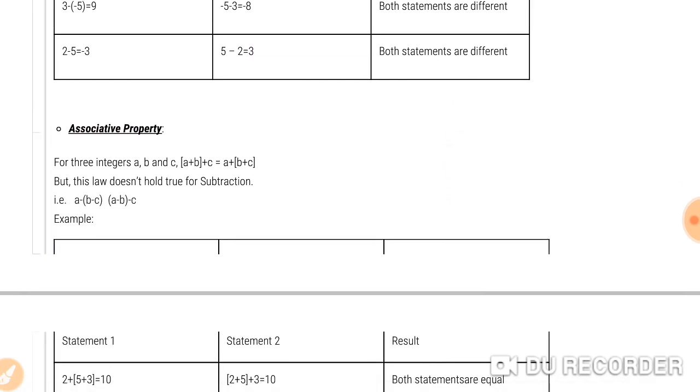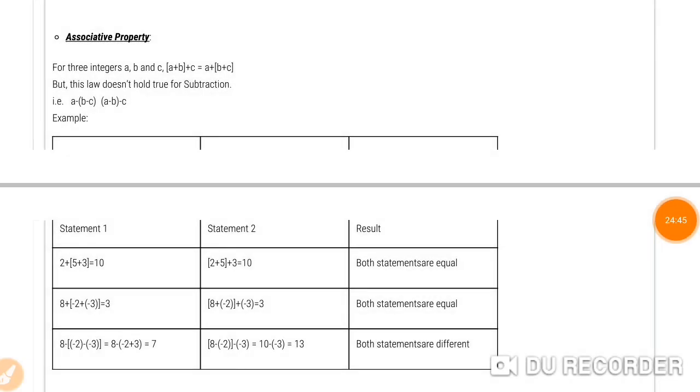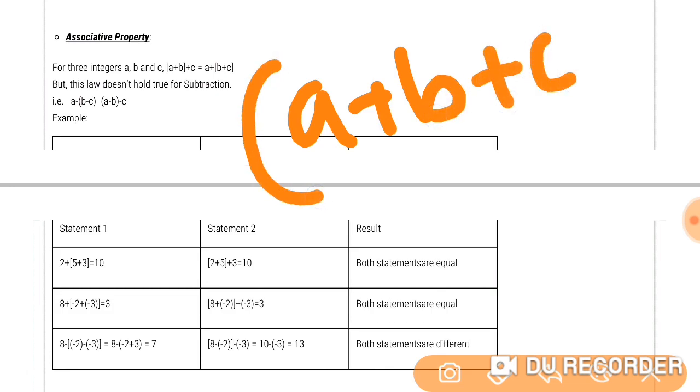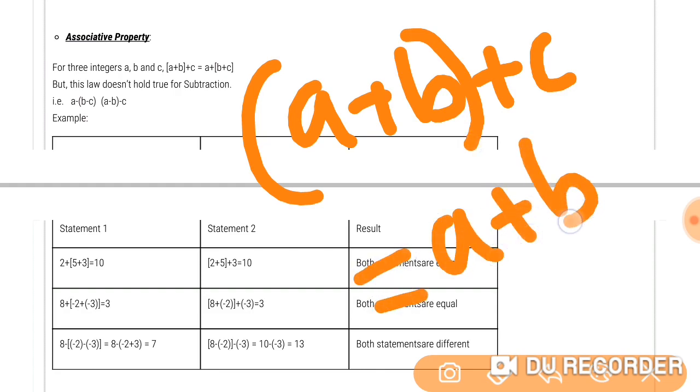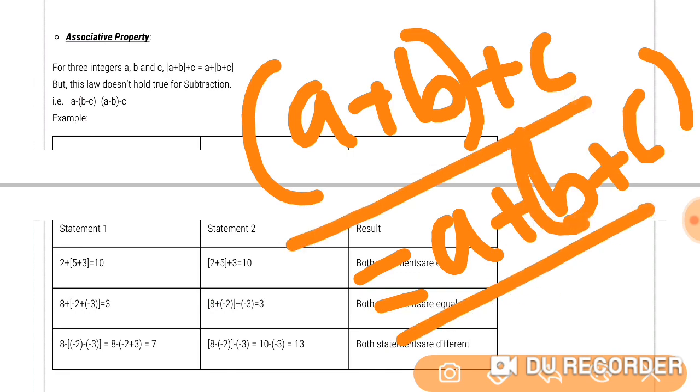In the same way, the associative property. So the associative property says for three integers. Before, in the commutative and closure properties, we have taken a and b only. But one more term c will come here, and you can group the first two or the second two integers. If you add like this, you must get the same answer.